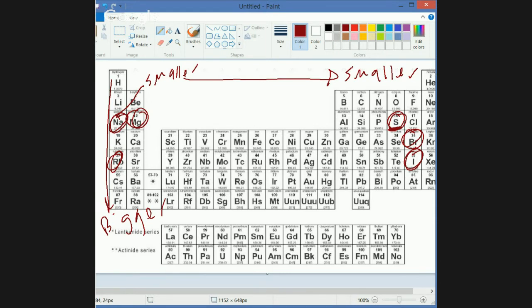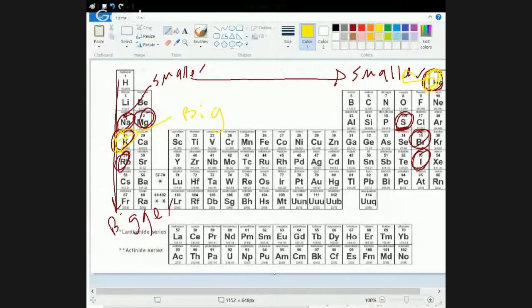Last but not least, we've got helium and potassium. This one here is a good match, I believe. Potassium has many more energy levels than helium. It has a lot more electrons than helium. So potassium is the big atom here, and helium is the smaller atom. So that would be a good answer to that question.